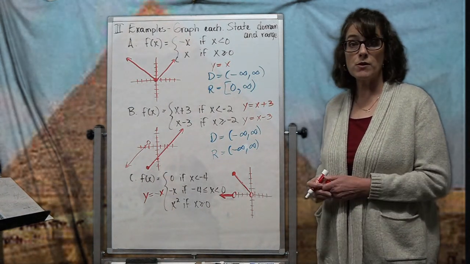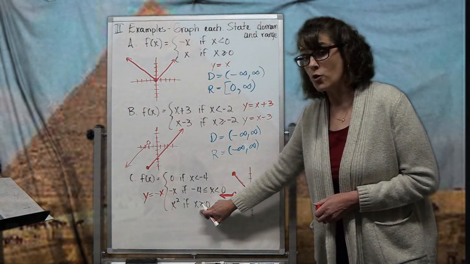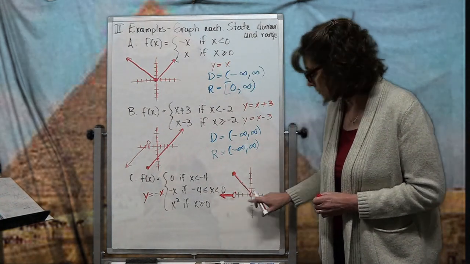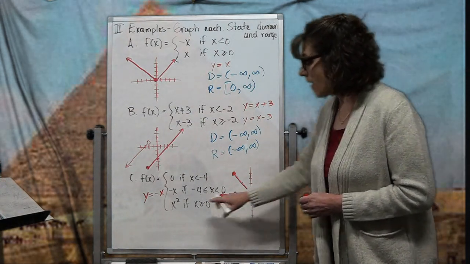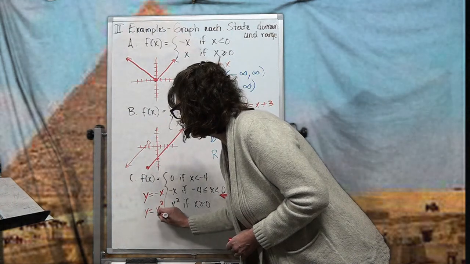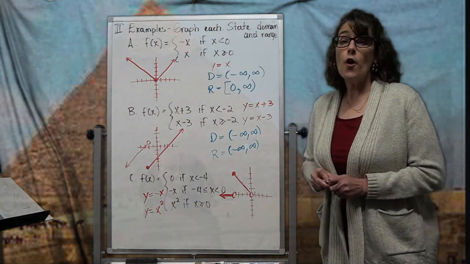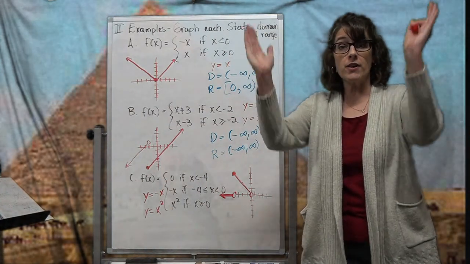And then let's see what happens for the rest of the graph. So the rest of the graph is for the x's that are greater than 0 or 0 itself. So here's 0 itself, here's greater, so it's everything back here. Now that graph is y equals x squared. So for y equals x squared, remember that's a parabola that looks like this.